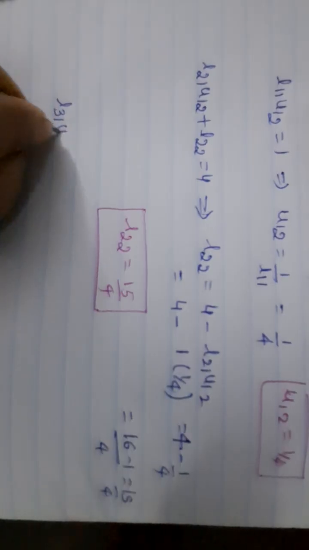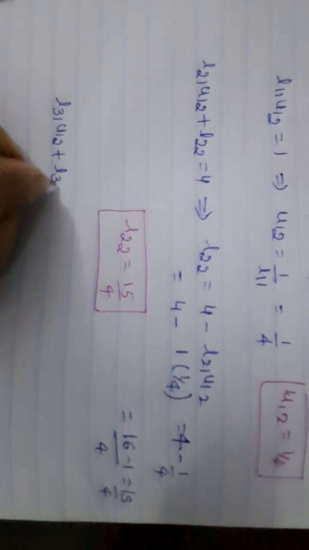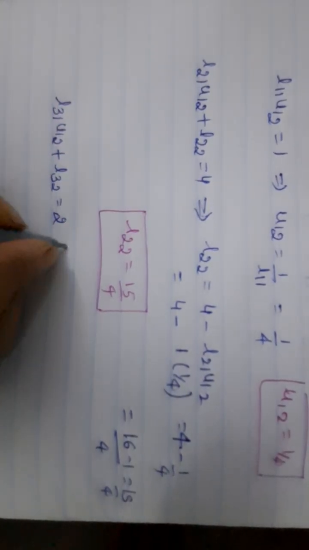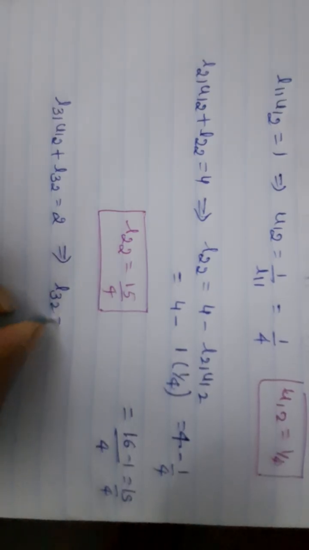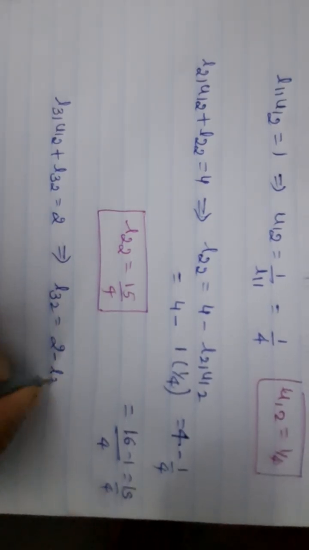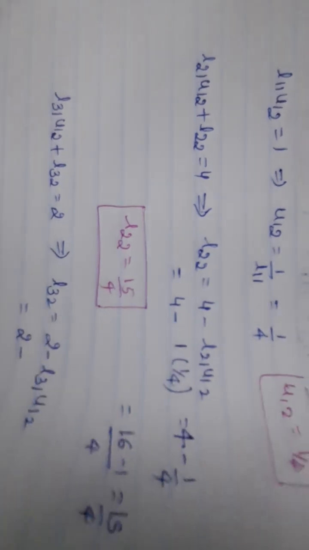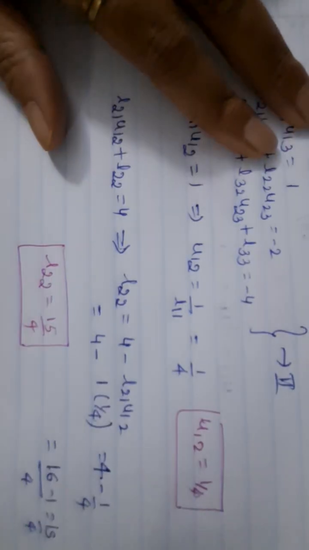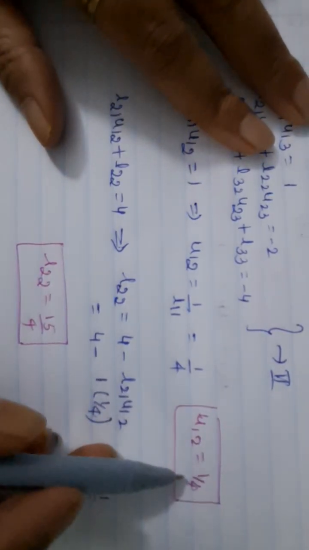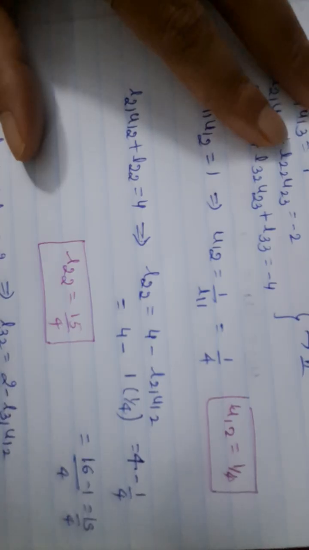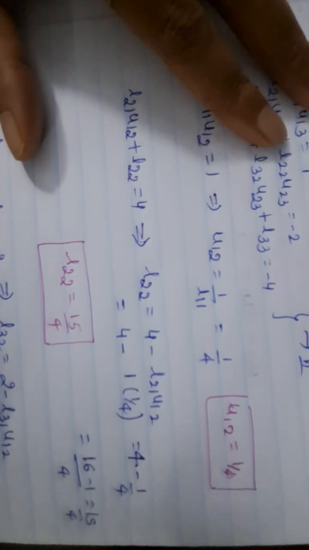Now similarly, from the third equation, we have to find out L32. Okay, so L31 U12 plus L32 is equal to 2. So this implies L32 is 2 minus L31 U12, which is equal to 2 minus, now L31 is 3 from here, and U12 is 1 by 4, that is equal to 2 minus 3 by 4.